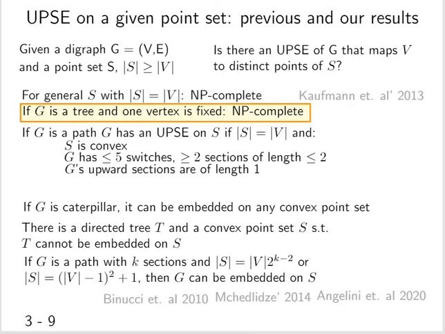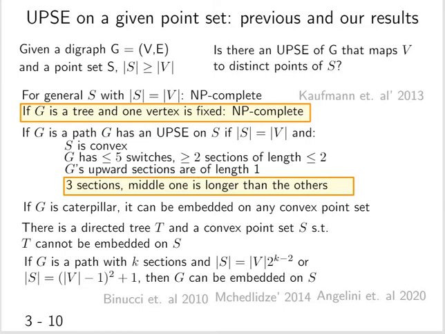Now we consider only trees. However, we fix one vertex. So we say that here's the tree, here's the point set, and one specific vertex of the tree should go to a specific vertex of the point set. And then we prove that if we fix one vertex and we have a general point set and a tree, the problem is NP complete.